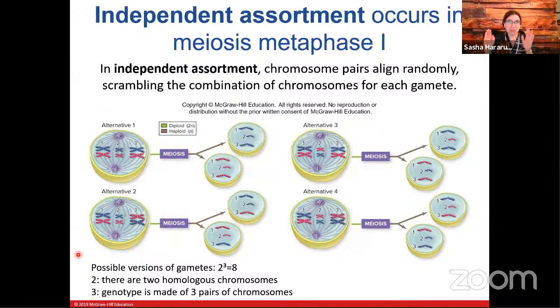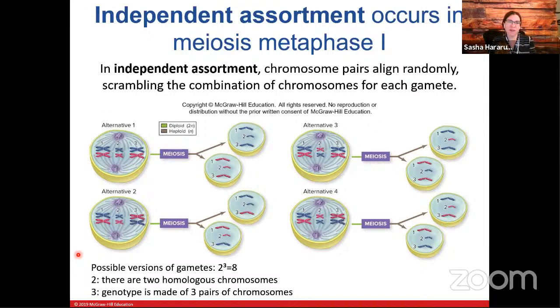So just take a moment for that to sink in. Each individual organism, like you and I, can produce 8.4 million versions of a gamete. So this explains how 2 parents can have 2 totally different looking babies, because their gametes can have 8.4 million variants of what kind of genes the baby will have.